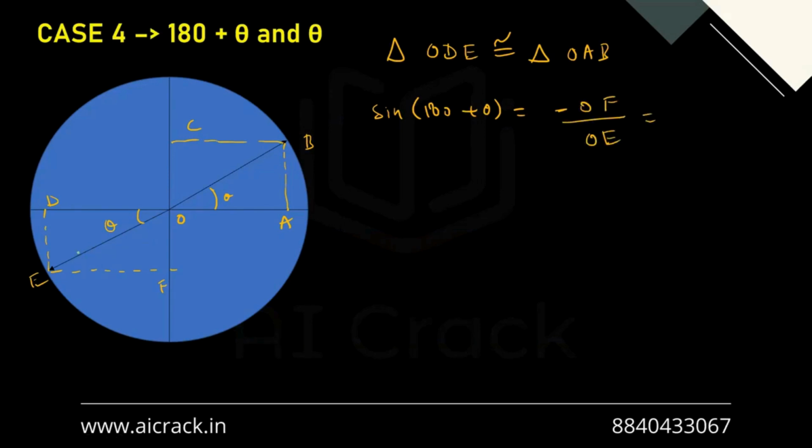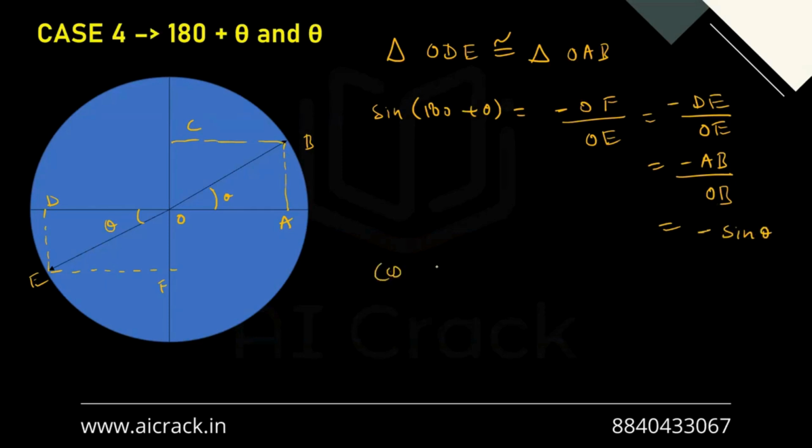Now OF is same as DE, so minus DE divided by OE, and DE is same as AB. So this becomes minus AB divided by OE. OE is same as OB, right? Now AB by OB is nothing but sine theta, so this is minus sine theta, right?